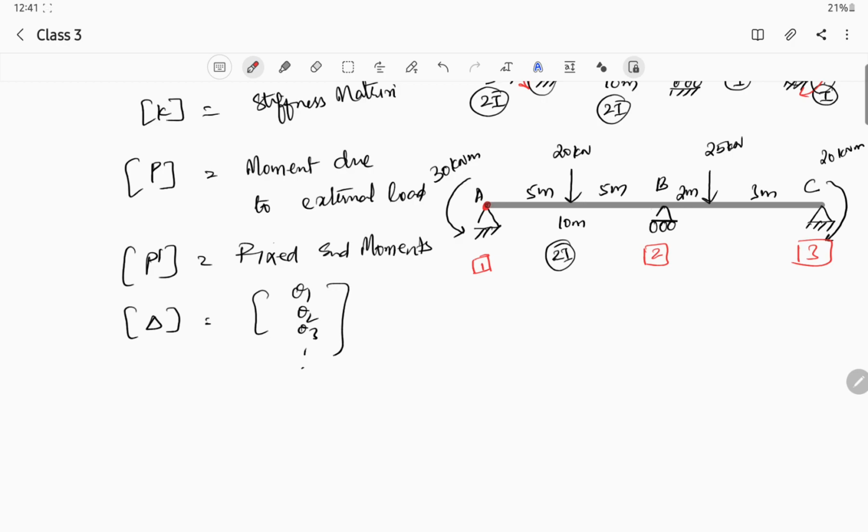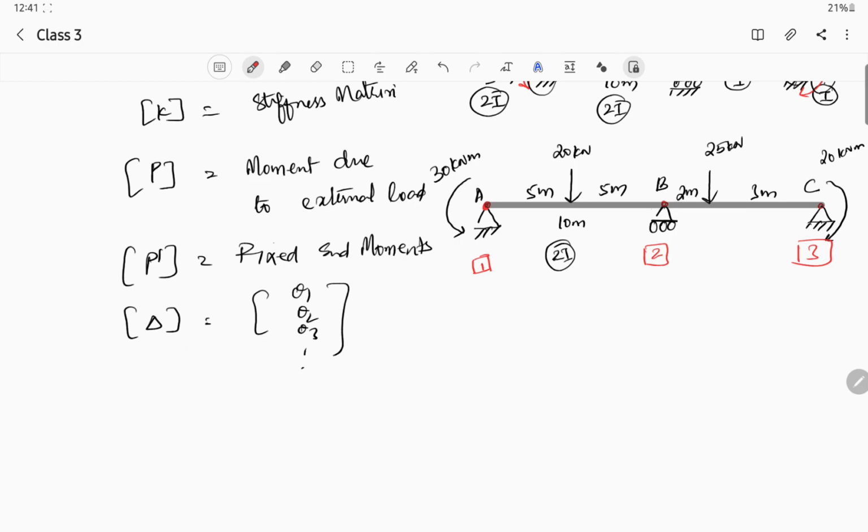We can observe carefully: since we have hinged support everywhere, we will have theta A, theta B and theta C. You can see in the problem we have theta A, theta B and theta C.